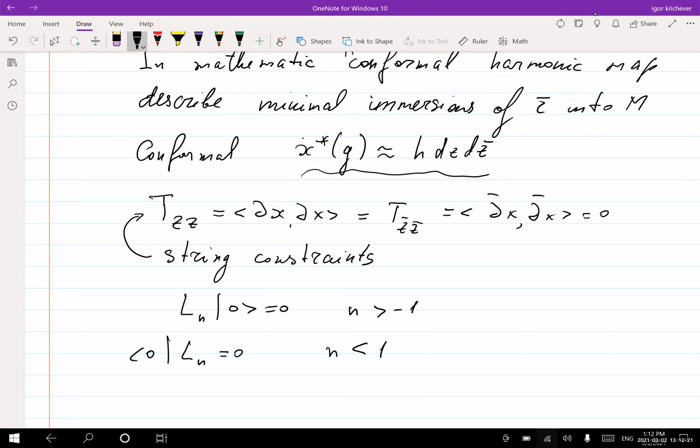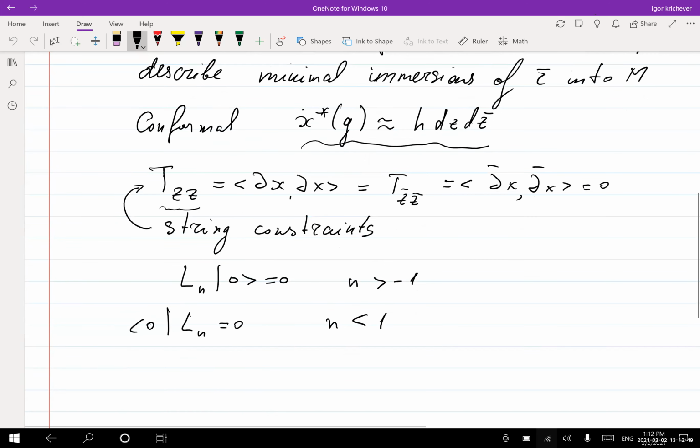So the expectation value of any Virasoro generator, which are coefficients of the expansion of the energy momentum tensor, is 0. So this is the classical analog. And it is very hard to satisfy harmonic maps supplemented by this additional constraint.